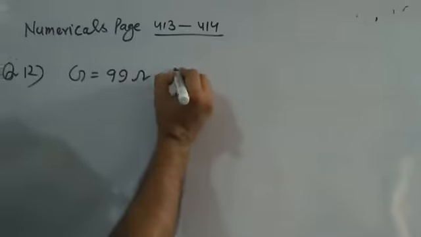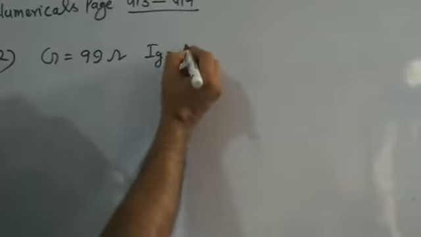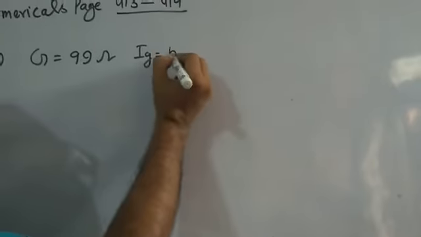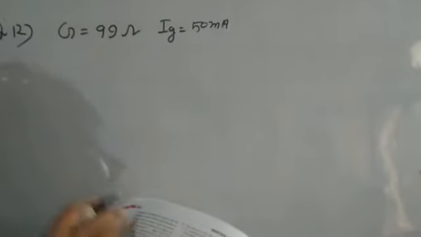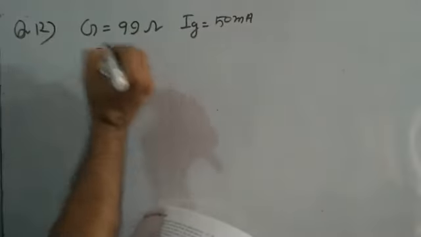That means G equals 99 ohm and Ig equals 50 milliampere at full scale deflection. Find the value of the shunt required.